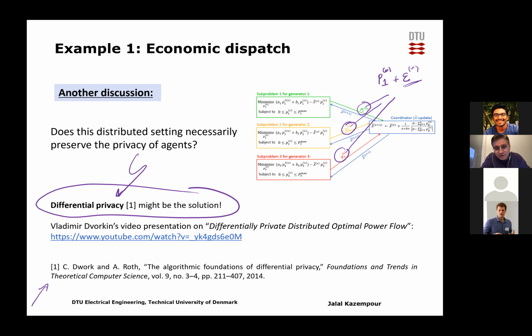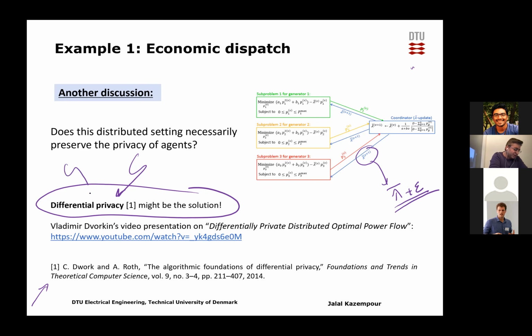It could be dynamic over iterations, right? Or the auctioneer can send back lambda bar, not the updated lambda bar, but the noisy price. So with differential privacy, we will learn how to properly, optimally, carefully add this noise, making sure that no adversary will be able to reconstruct the local information of generators. Is it clear?